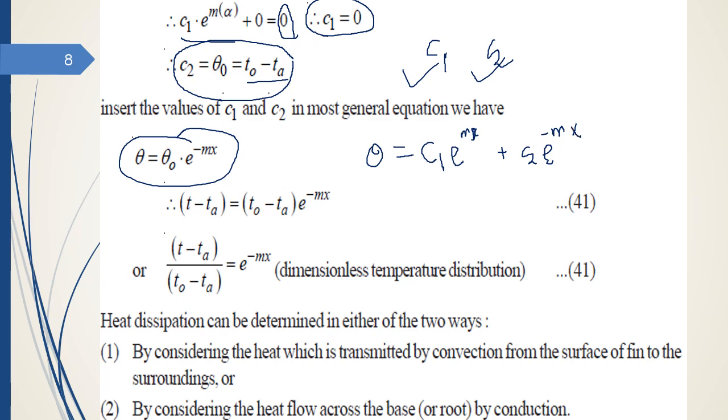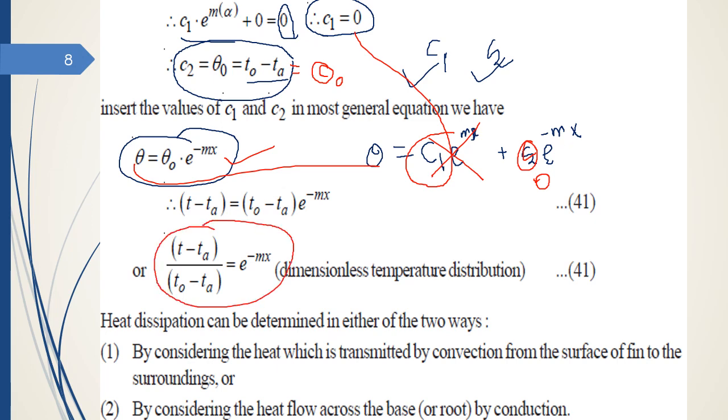Okay, c1 is 0, so this term is 0, and c2 is T0 minus Ta, that is theta 0. So I can write theta is equal to theta 0 into e raised to minus mx, or you can write T minus Ta is equal to T0 minus Ta into e raised to minus mx. So in the dimensionless form, we can write this.